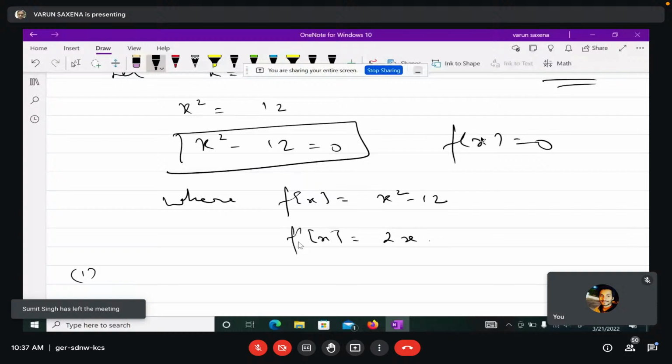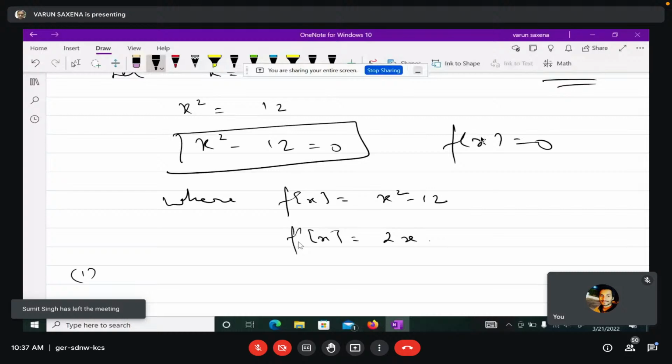I can tell you that if you choose this as the initial assumption, then your x1 will come out to be 3.5, your x2 will come out to be 3.4643, and I think we'll just end here. If you need to see this, we can check this also on the graphic calculator.